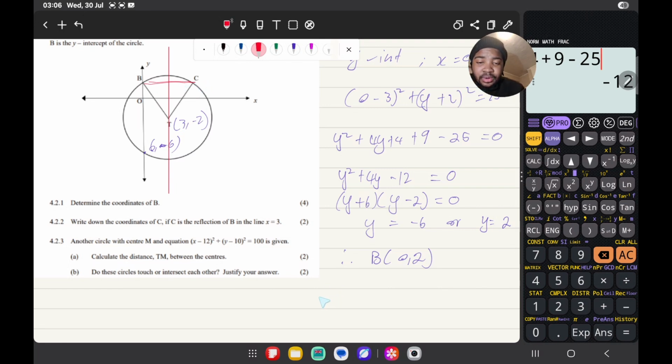So you know that for C, we'll talk about x values, but your y value is going to be 2. Yes, it's going to be 2.